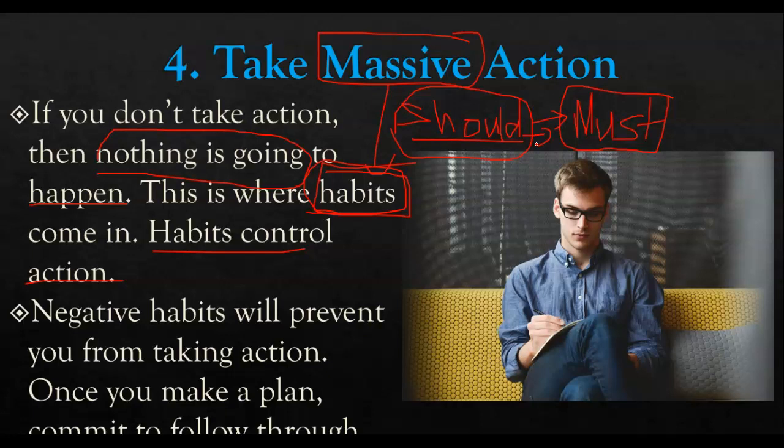So here, managing your time is very important. Because if you have a must, then it means that every other thing needs to be stopped. Negative actions and negative habits will prevent you from taking action. So once you make a plan, commit to follow through. Now let's talk about negative actions or habits.